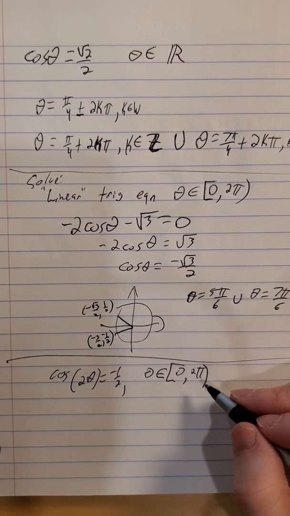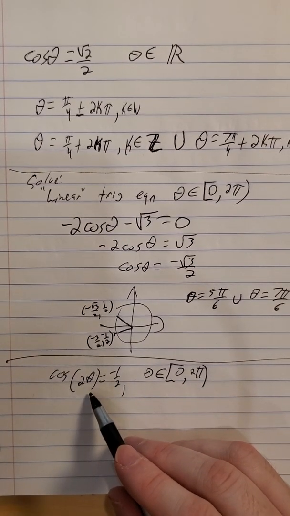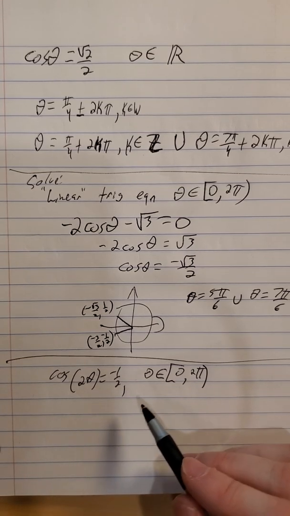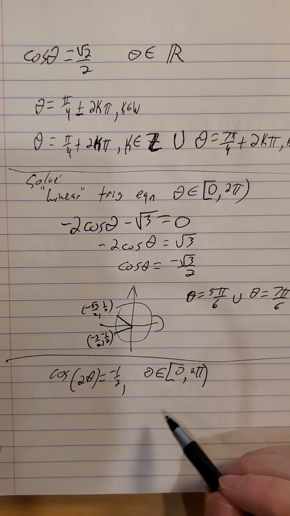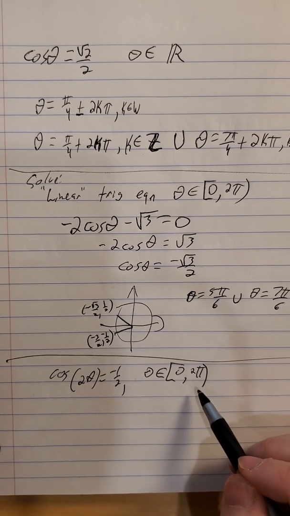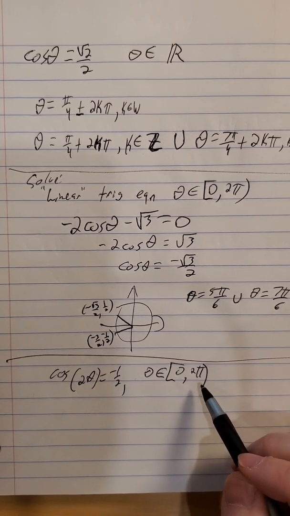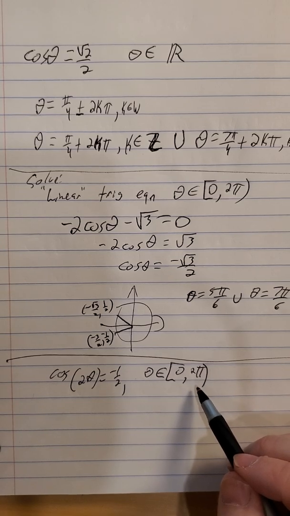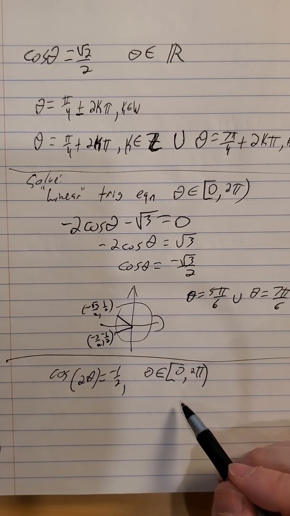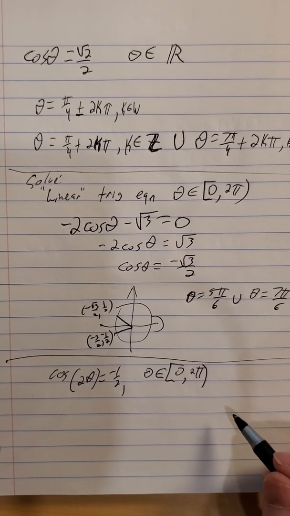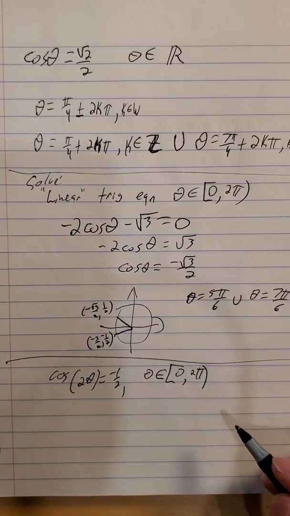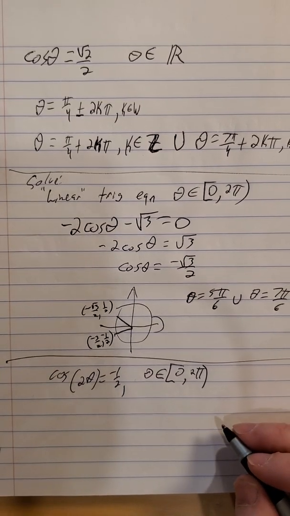One note with this, since we have 2 theta in here, we can really make 2 full laps around. If I go to the endpoint that I'm allowed to get close to, think the idea of limits, 2 times 2 pi would be 4 pi. We can get close to 4 pi. We can get close to 2 full cycles for this.